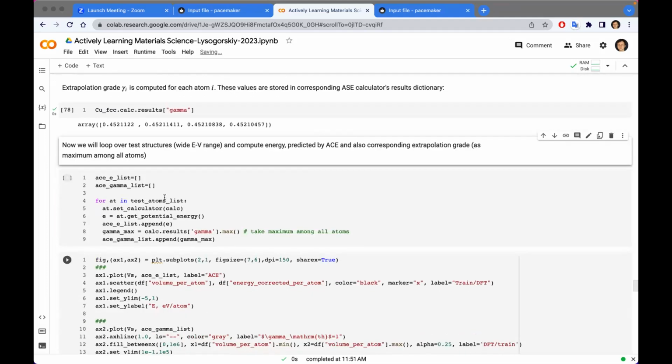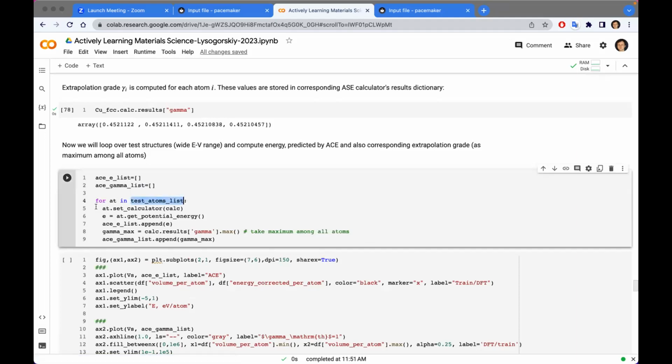Now, let's compute the actual gamma for our original test set, which is the long-range energy volume curve. I do it stupidly in a for loop, just to accumulate arrays, and set the calculator. Because we use the calculator, we should do it in parallel for both energies and gamma.